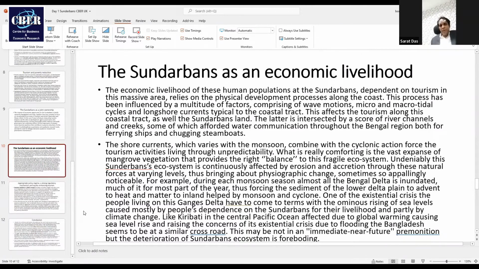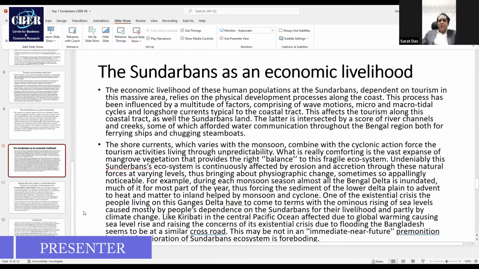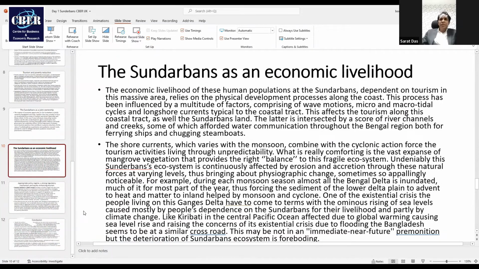Okay, now I'm not too far from coming to the conclusion, but one thing I would like to come back to is the economic livelihood, which is such an important part of this entire process. Please do underscore this point. In Bangladesh alone, about 4% of people are dependent on this for their economic survival.